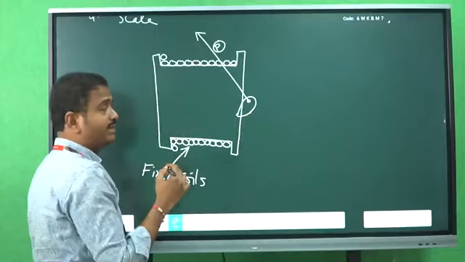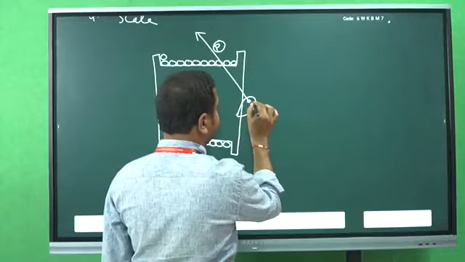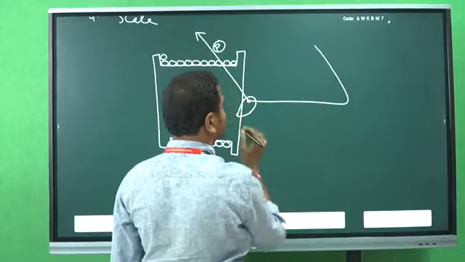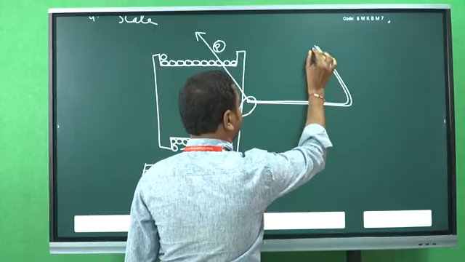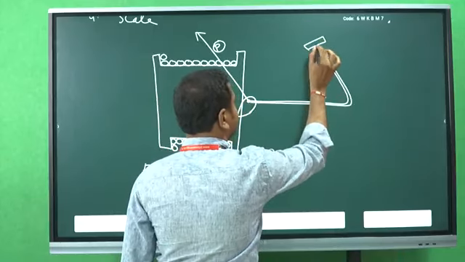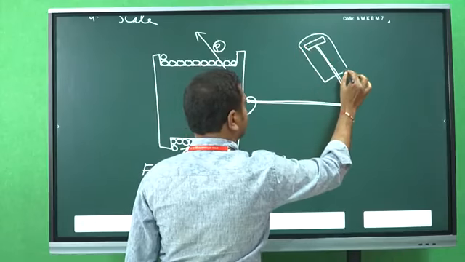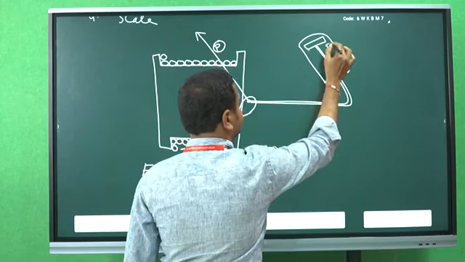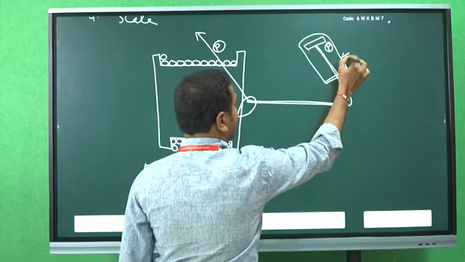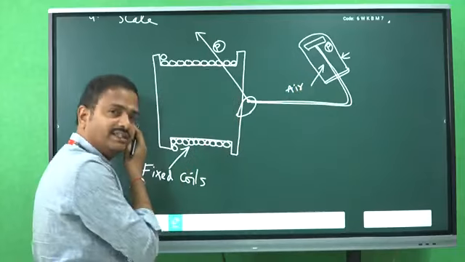Air friction damping consists of an aluminum piston inside a closed chamber. So this is the piston, and this is a chamber filled with air.